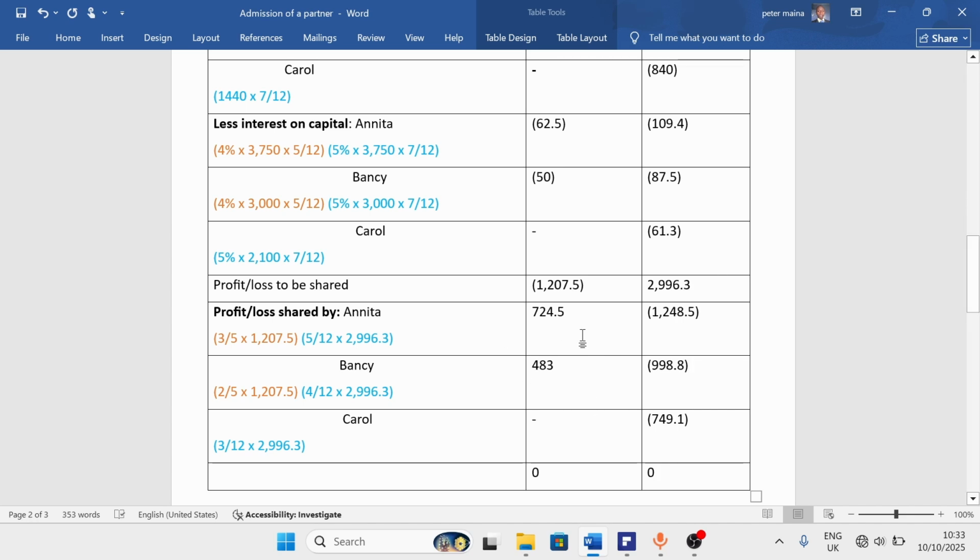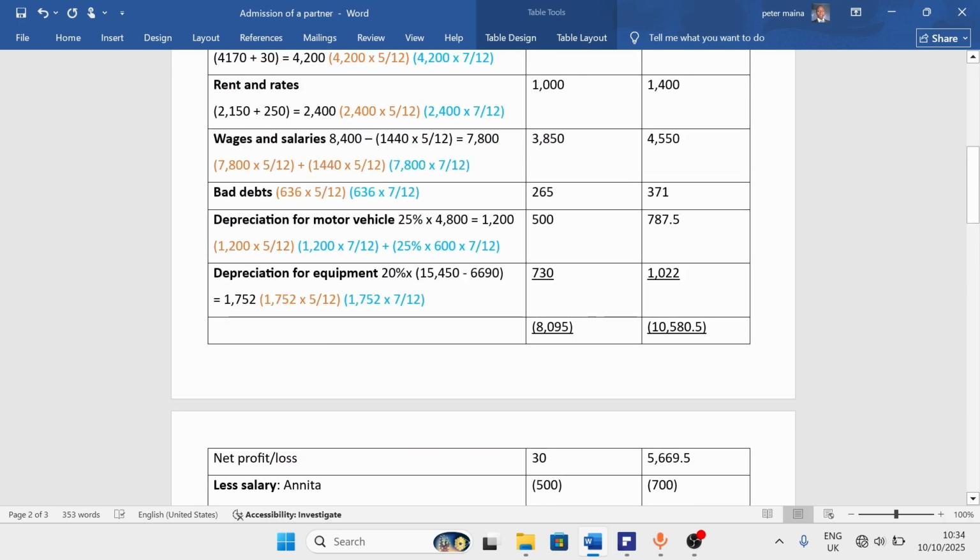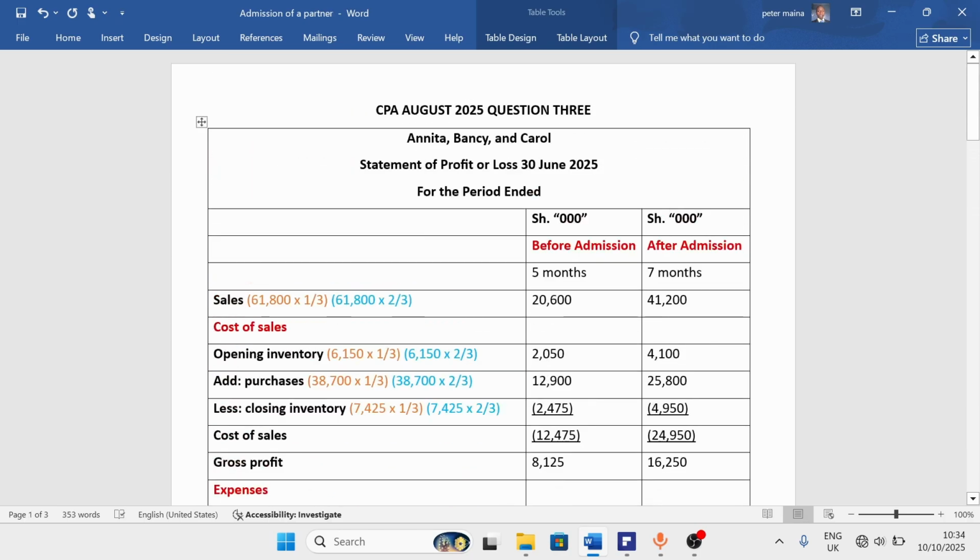So for the loss we are supposed to add so that we can arrive at 0. For the profit, we are supposed to less so that we can arrive at 0. So from there, we can say we have concluded the profit and loss statement.